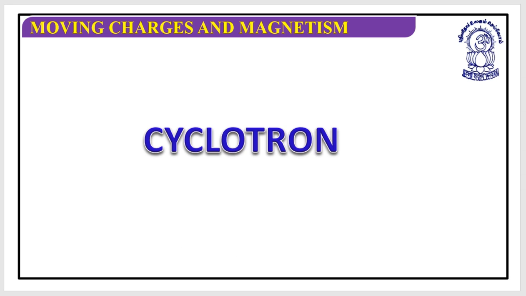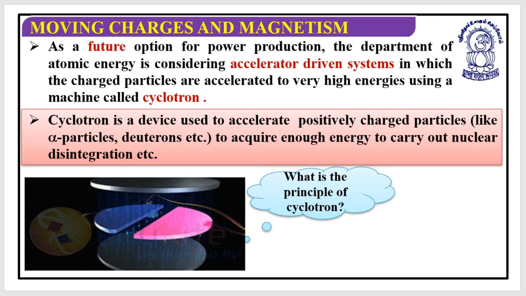It's a cyclotron. What is it, and why do we use it? The cyclotron can be used as a future option for power production, and the Department of Atomic Energy is considering an accelerator driven system in which charged particles are accelerated to very high energies using a machine called a cyclotron.